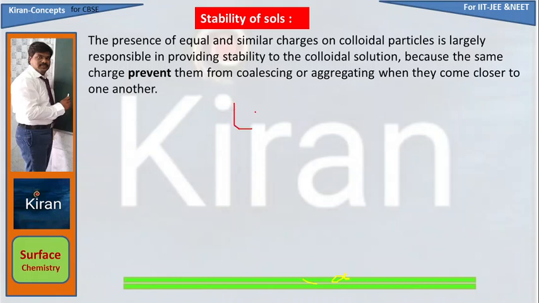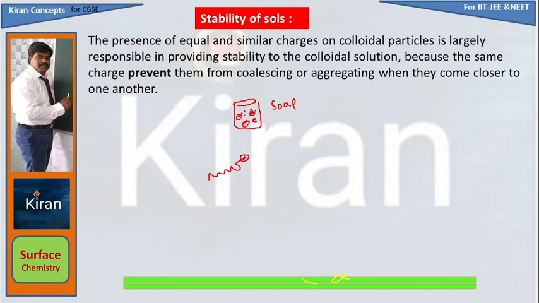Take a colloidal solution in a container, for example a soap solution. Soap particles have a negative head, and this is the carbon tail. So negatively charged particles are formed in the colloidal solution.